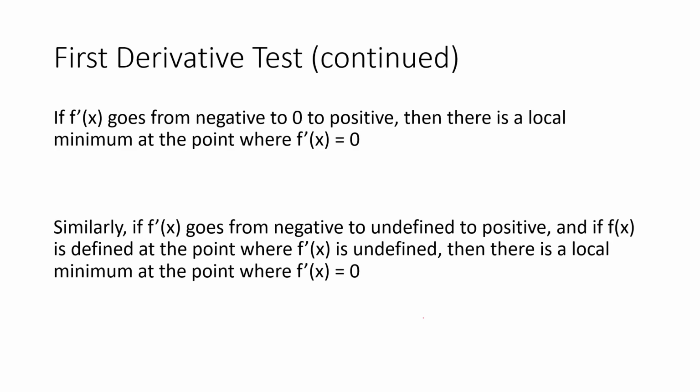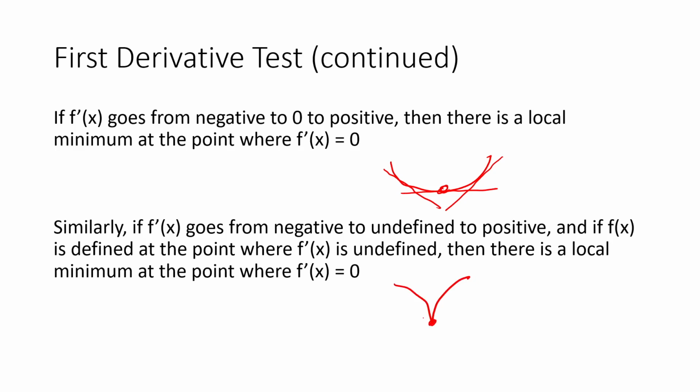Similarly, the first derivative test continues, and we can say that f prime of x can go from negative to 0 to positive. And if that happens, then at the point where f prime of x is 0, we'll call that a local minimum. And similarly, the same thing can happen with the presence of a cusp.